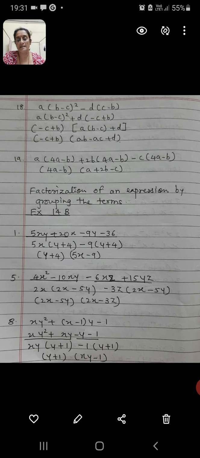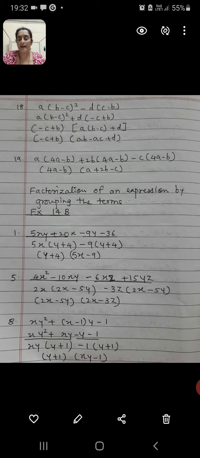So let us change, as we did in the previous sum. (b minus c) square will be as it is, and I am going to change negative d to positive d, so that I can change the signs in the bracket. So I change the bracket sign, that is c becomes negative c and negative b becomes positive b.